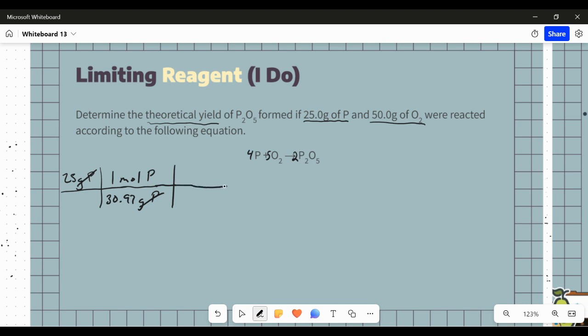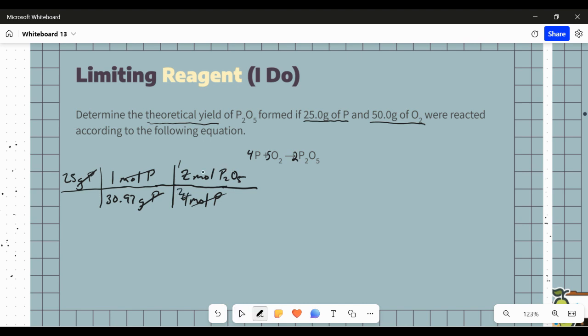Then I'm going to use the mole ratio. From my equation, 4 moles of phosphorus will form 2 moles of P2O5. Cancel my units. I've got 2 over 4 right here, so I can reduce this to 1 over 2.